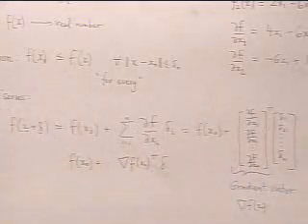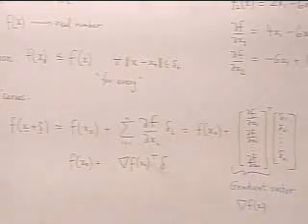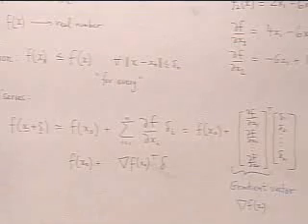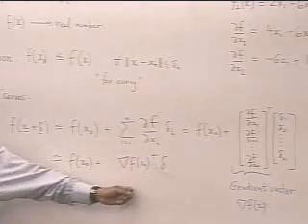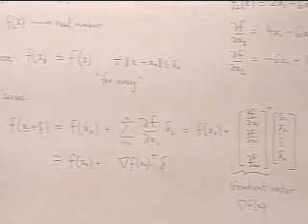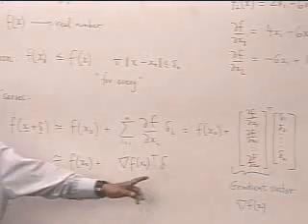f of x0 must be less than f of x for all x that are at a small enough distance. So what does this expression tell me about the gradient vector? 0. The gradient vector must be a 0 vector. Why? Because all possible perturbations deltas are allowed.